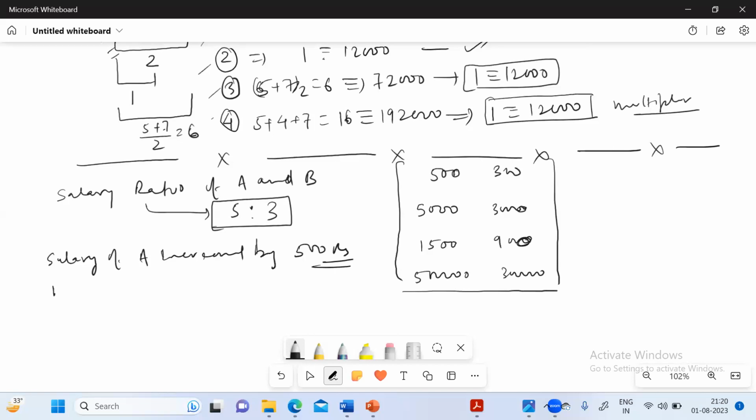And the question asked here is, what is the new ratio of the salaries of A and B? Can we tell what the new ratio will be?